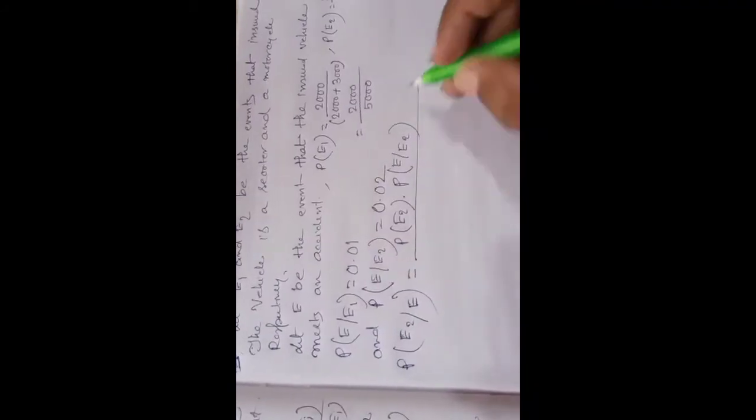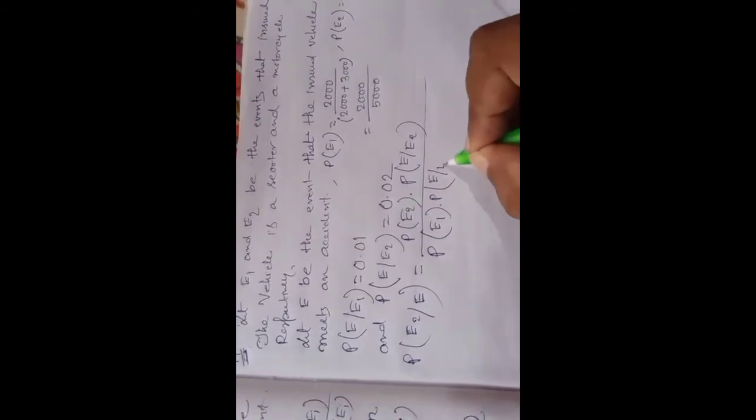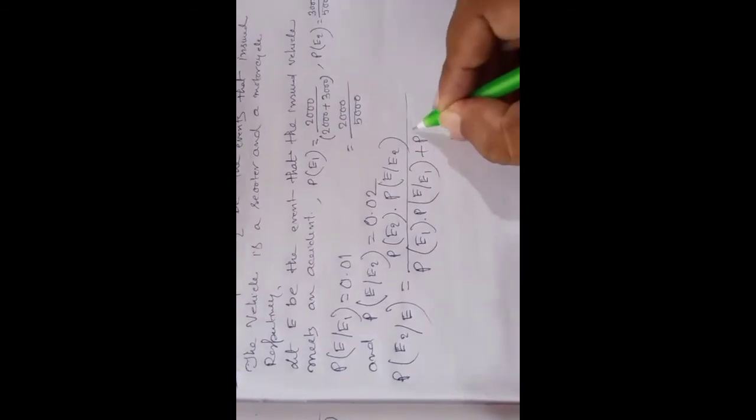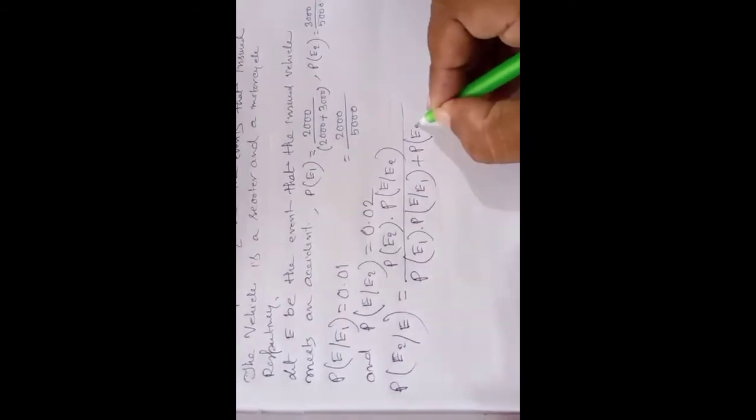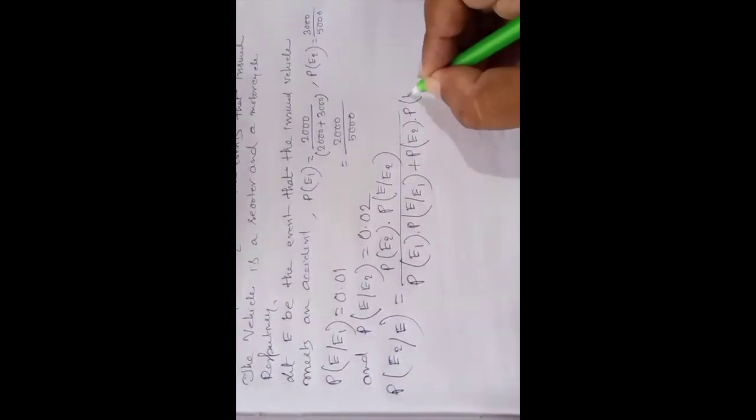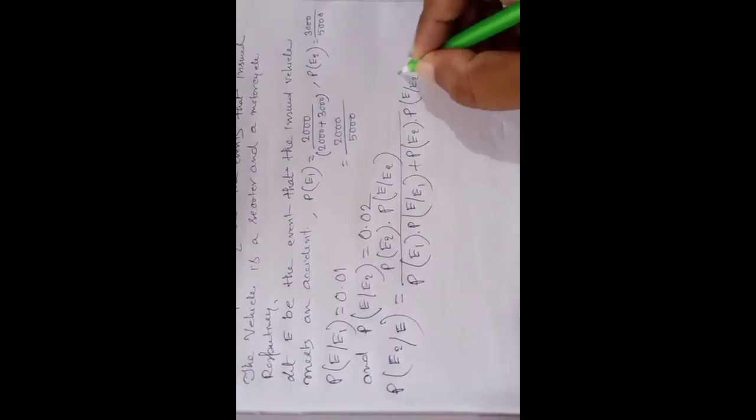So P of E2 by E equals P of E2 into P of E by E2, divided by, by Bayes' theorem, P of E1 into P of E by E1 plus P of E2 into P of E by E2.